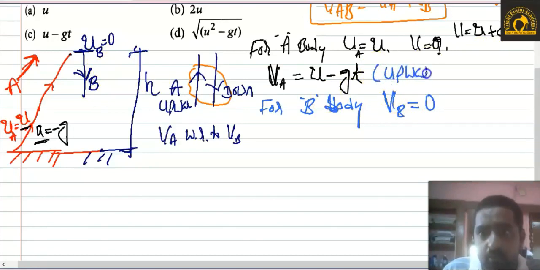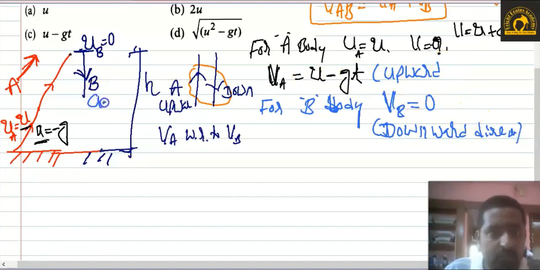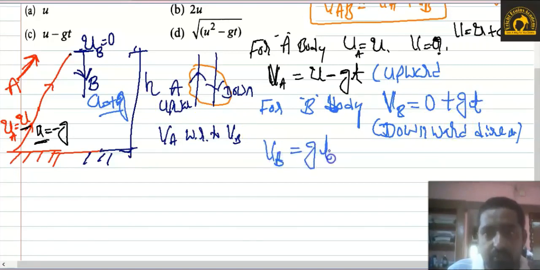This is a downward direction, while the other is upward. In the downward direction, a is equal to plus g, so that is plus gt. So for body B, VB is equal to gt.